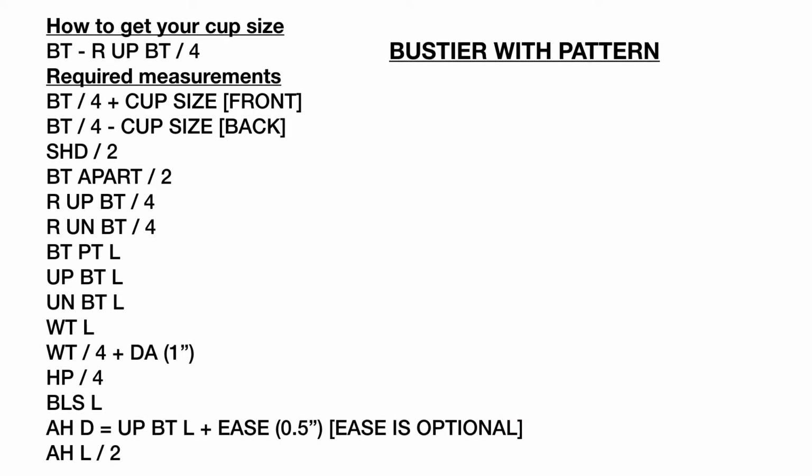The first thing we're going to do is to get the cup size. To get that, we're going to be using the bust minus round upper bust divided by 4. Then the required measurements. The bust, the front and the back, are going to be different because we're going to minus from the back and add it to the front to form the cup.